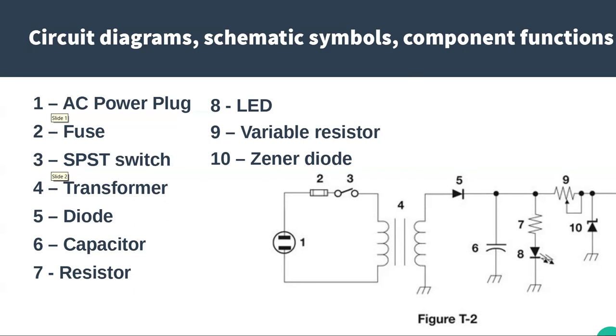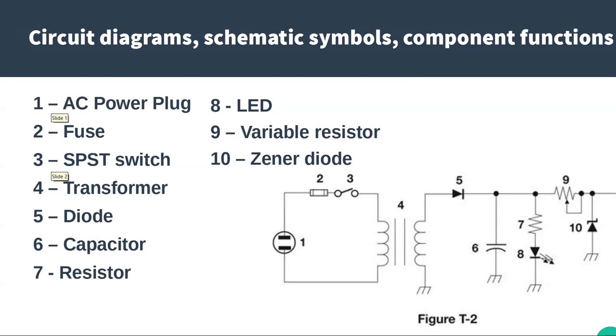In this case, it's a single pole, single throw switch. Number 4 is a representation for a transformer. It's 2 coils that have a common core, either air or ferrite, or in a big power transformer, it will be a special type of iron plates.